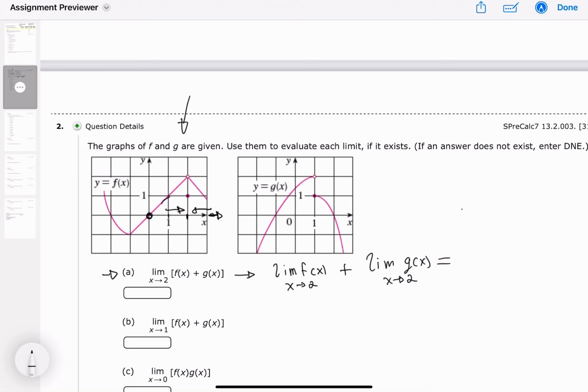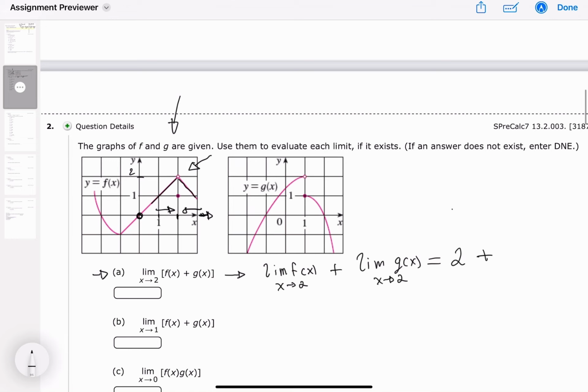From the left, I go like this, I approach this number, and from the right, I go like this, and I approach this number. What is this number in y? It is 2. So it doesn't matter if I'm approaching from the left or from the right. My limit as I approach 2 here is 2. Okay.